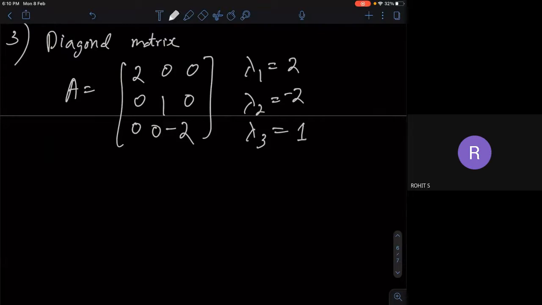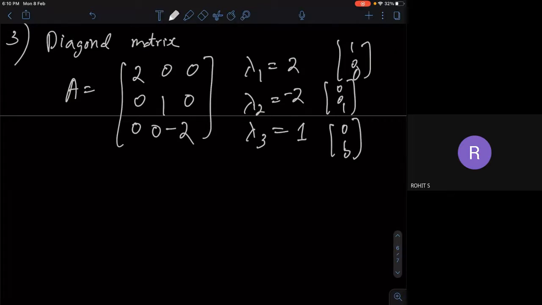One reason why I wrote lambda 2 as minus 2 is the fact that we order the lambdas in terms of the absolute value. It's just a convention people follow. So the lambdas are usually ordered by the absolute values of the eigenvalues, and you can see the corresponding eigenvectors 0, 0, 1, and 0, 1, 0.